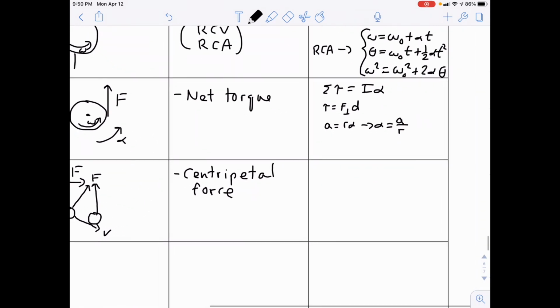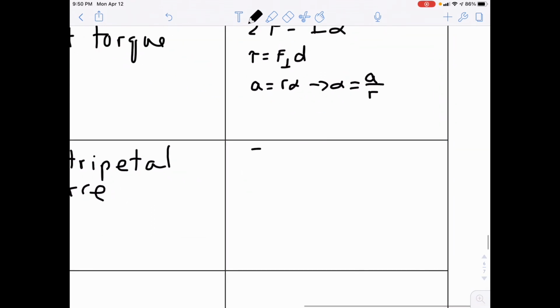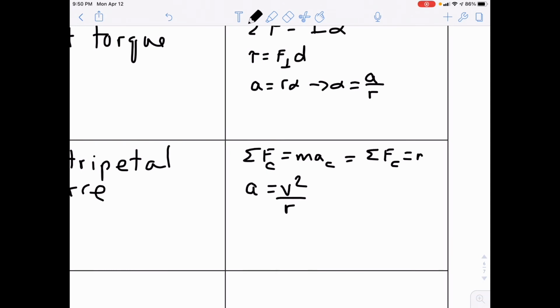Centripetal forces are just an application of Newton's second law of motion. Specifically, Newton's second law is net force equals ma, but this is net centripetal force equals mass times centripetal acceleration. So you do need a formula for centripetal acceleration: a is equal to v squared over r. Putting it together, net force equals mv squared over r.